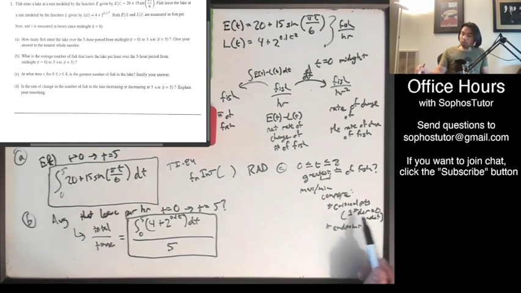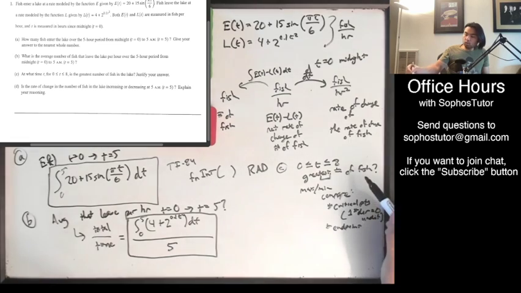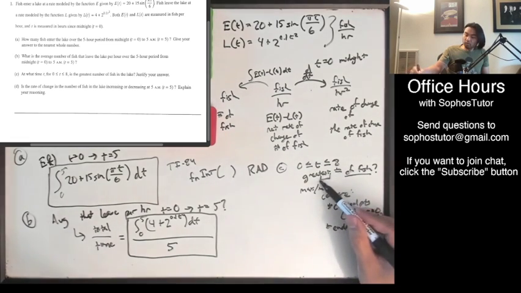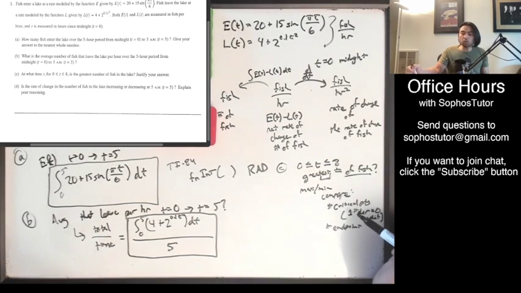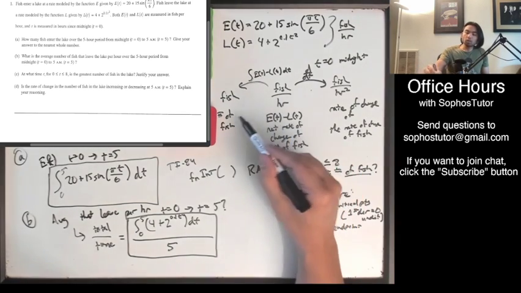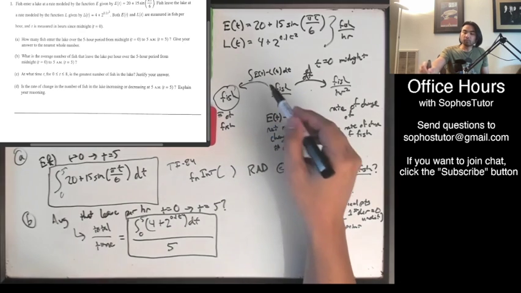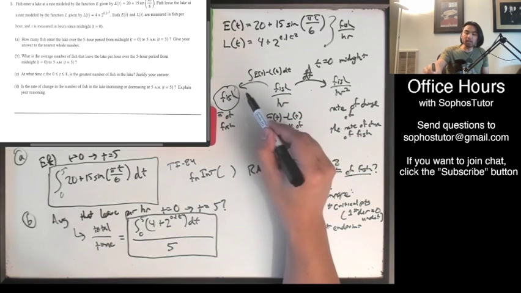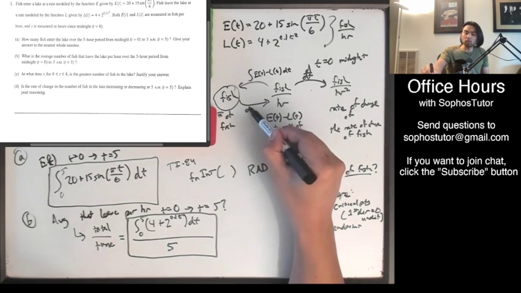So then how do we find a critical point? Well, in this case, we want the greatest number of fish, which means we need to take the derivative of the number of fish. Well, what's the derivative of the number of fish? If antiderivative is going to the left, then the derivative is going to the right.